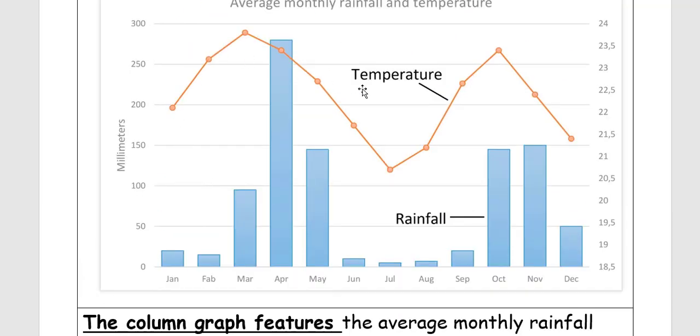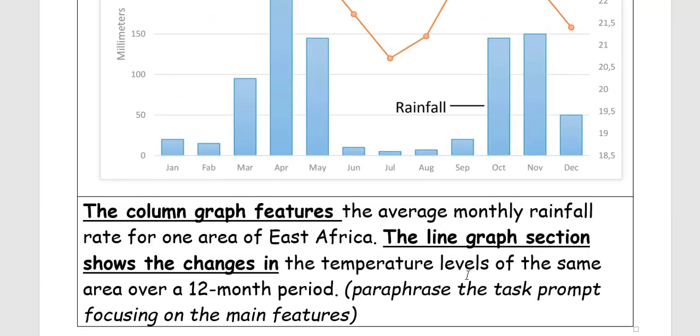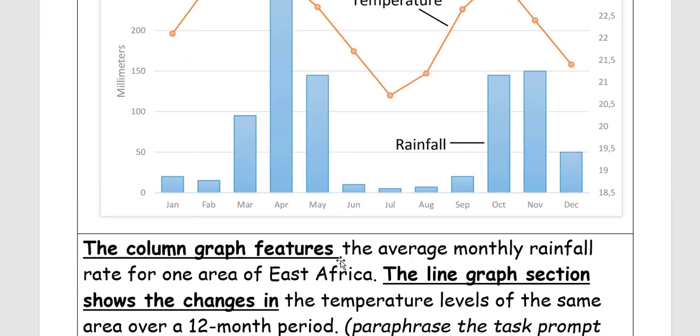So we have temperature, right? The temperature levels of the same area over a 12-month period. A 12-month period covers the period from January to December. So our job is to paraphrase the task prompt, focusing on the main features.